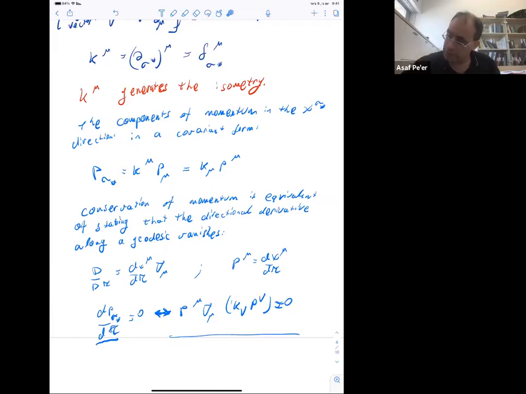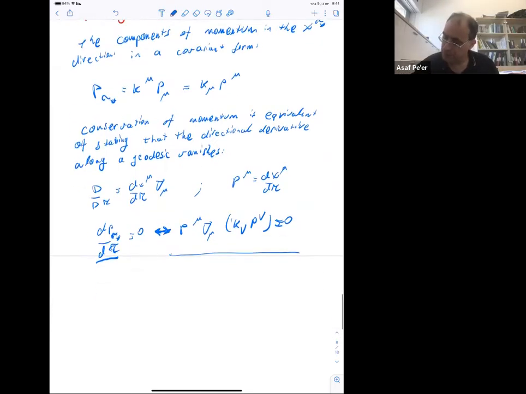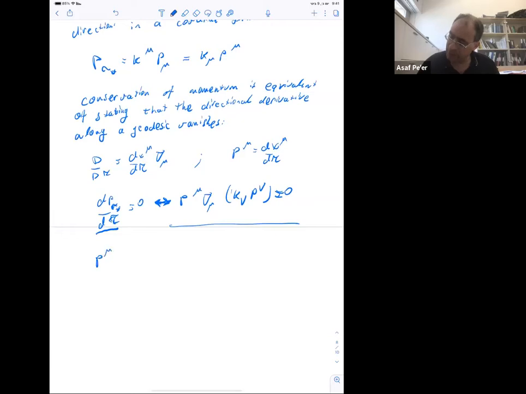So now we can use this equation to simply expand it. So we have P mu nabla mu of K nu P nu. Now I'm actually going to expand it. It's just P nu K nu nabla mu P mu plus P mu P nu nabla mu K nu.